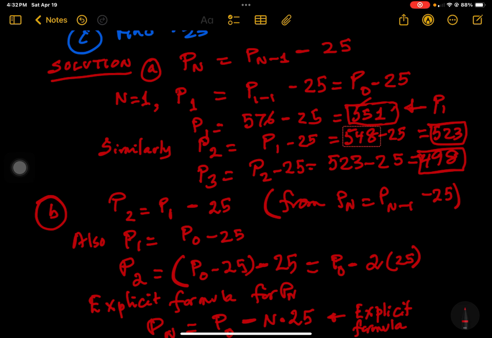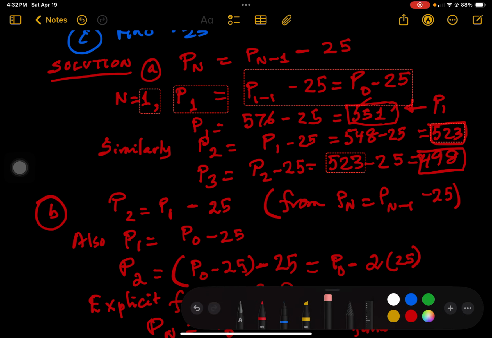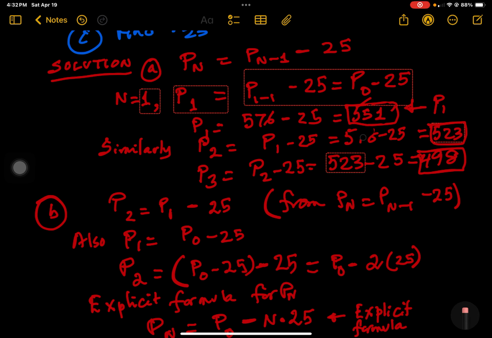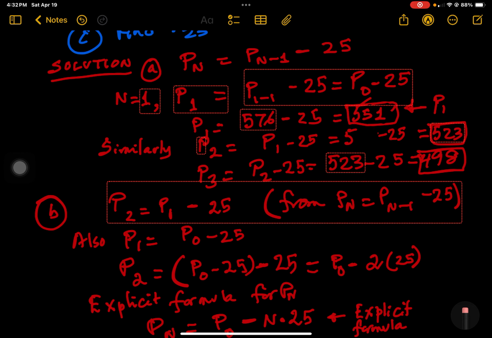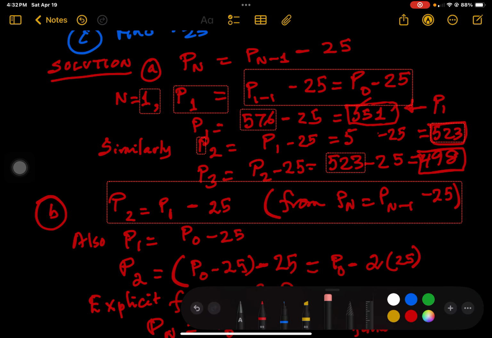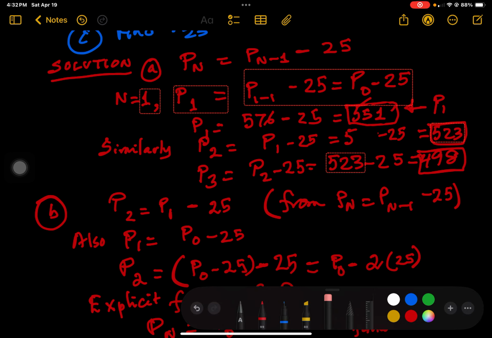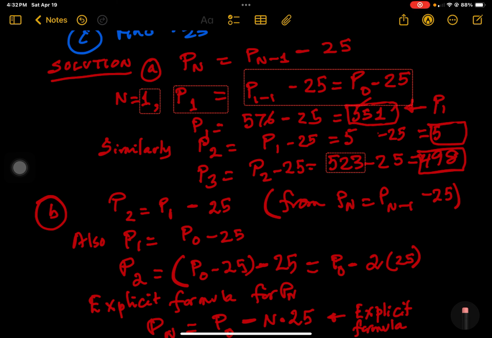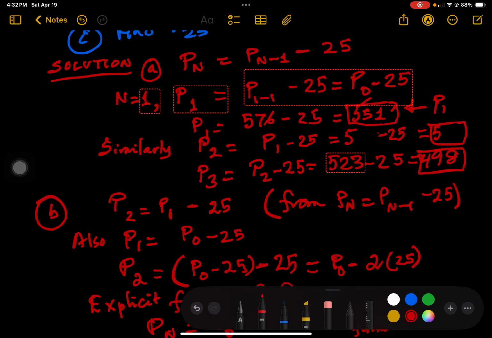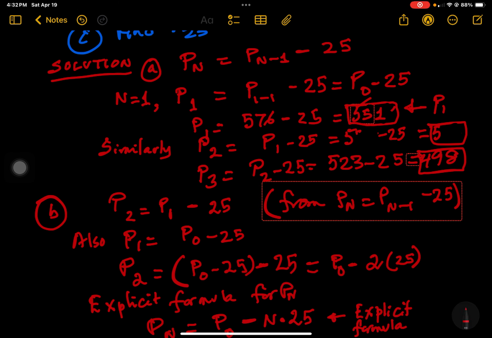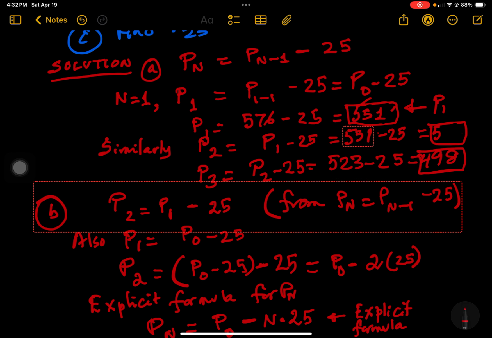Population in year 2, again I have to change it, is 551 minus 25. So it will be 551 from P1, from which you subtract 25. So this will be 526.